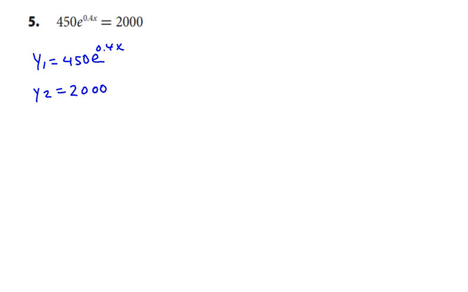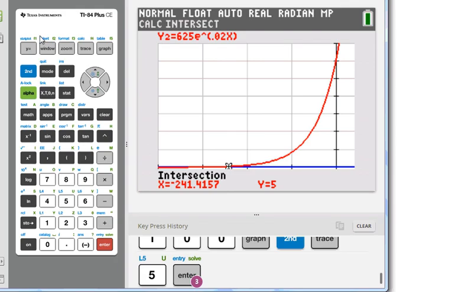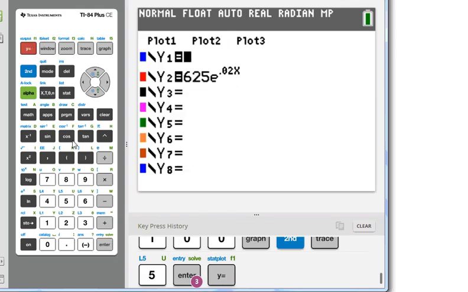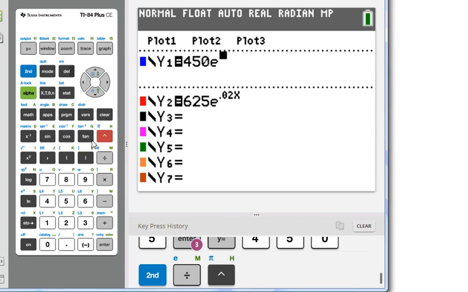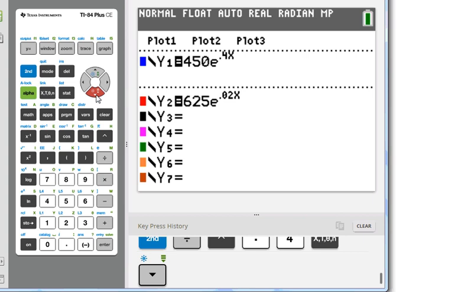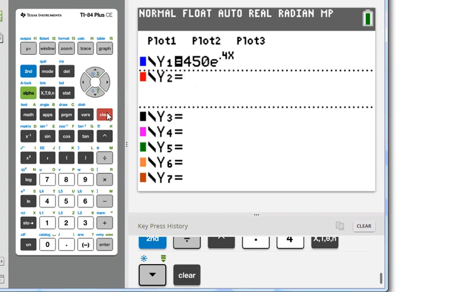Again, going to our calculator, on the left side we have 450 e to the power of 0.4x, and on the right side of the equation we have 2,000.